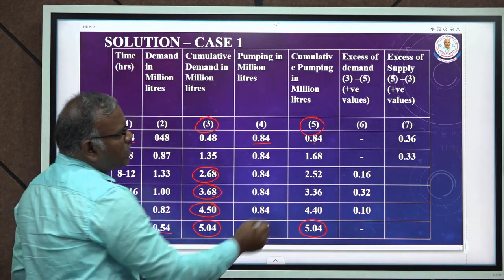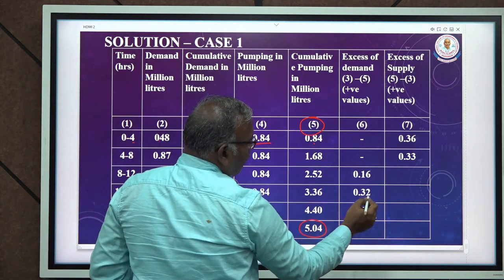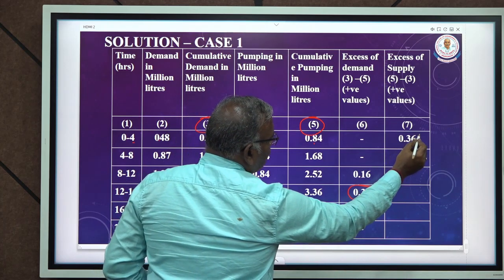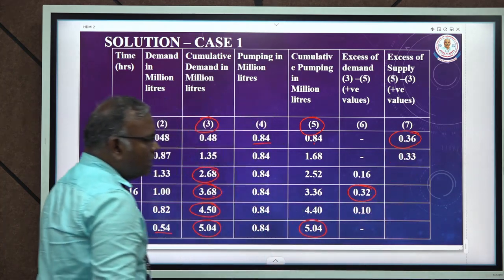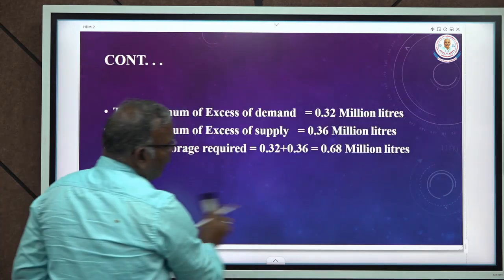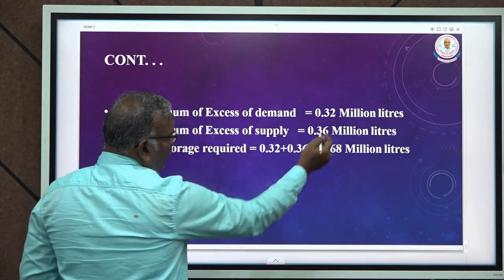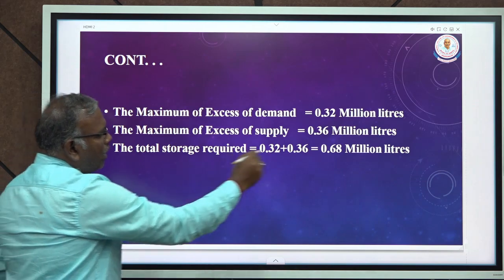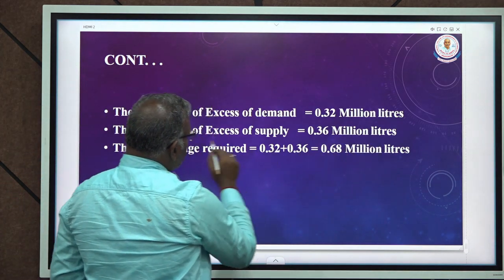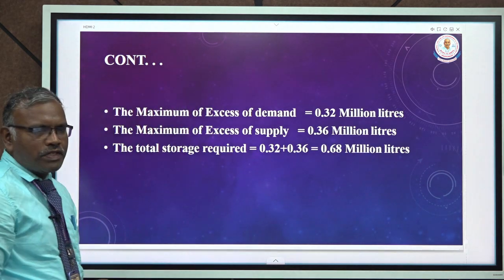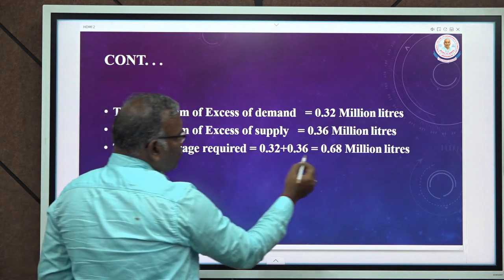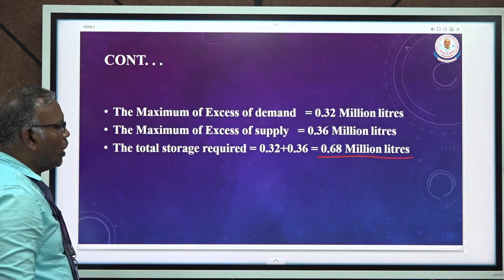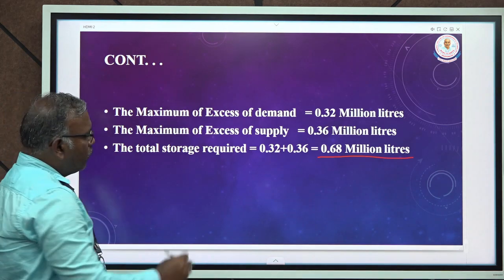From this, in excess demand the highest value is 0.32, and in excess supply the highest value is 0.36. From the table, 0.32 million liters is the maximum excess demand, and 0.36 million liters is the excess supply.